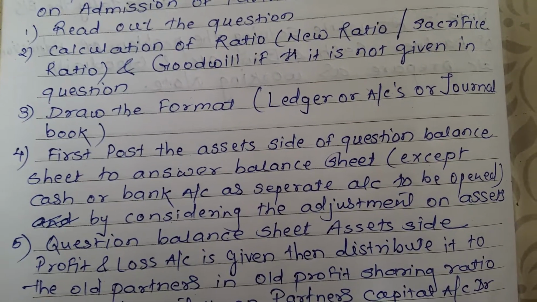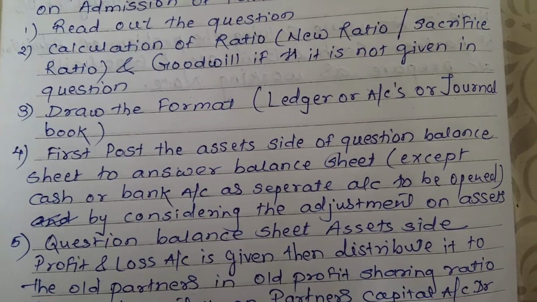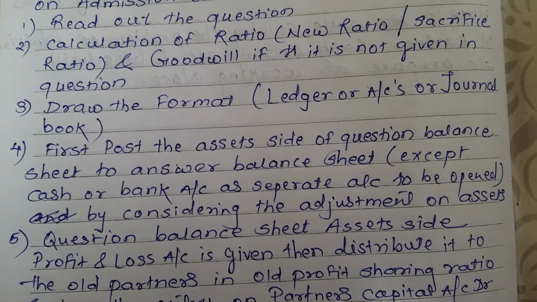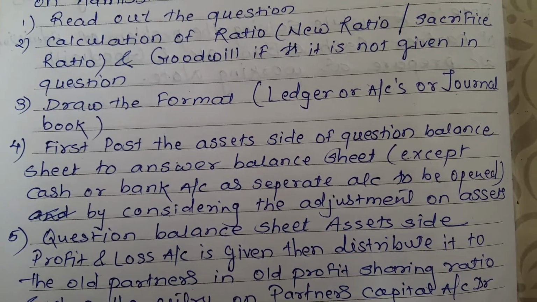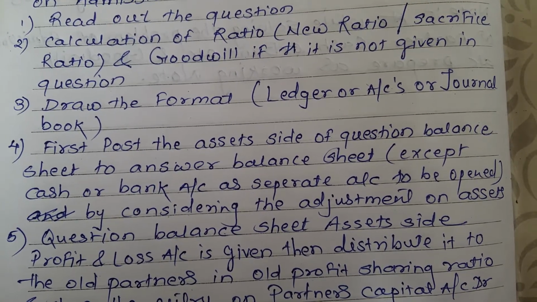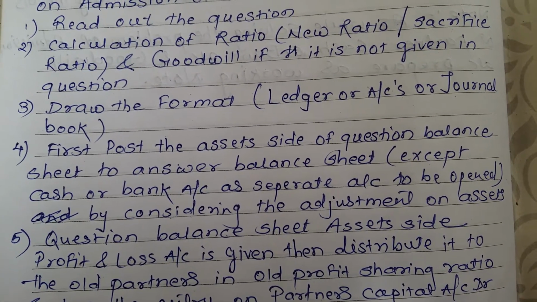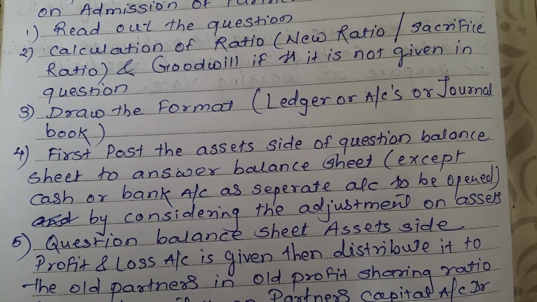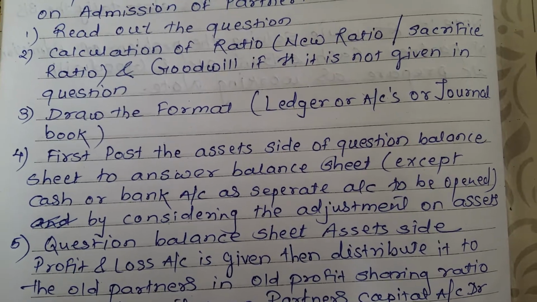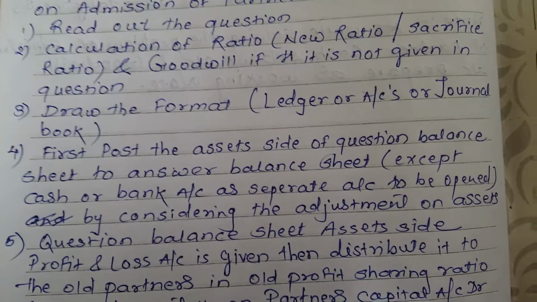Then next step, and remember one important thing while solving the question on the admission of a partner: if they are asking us to prepare the accounts, they will ask only to prepare the profit and loss adjustment account, partners capital account and balance sheet, right?